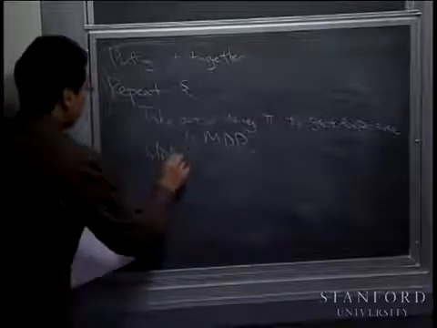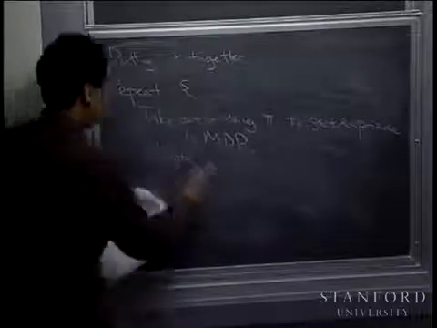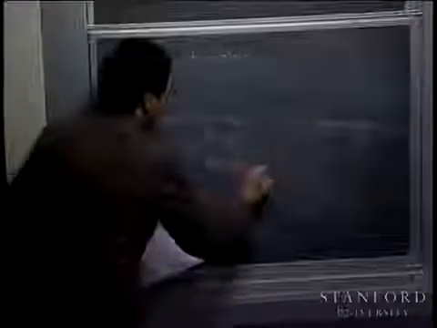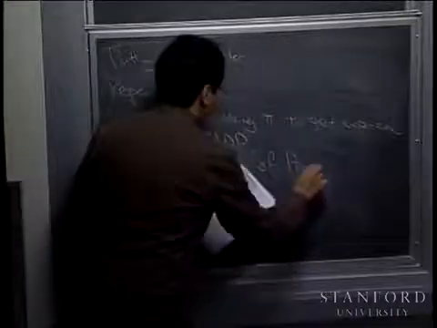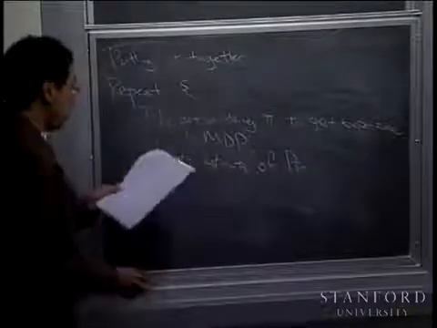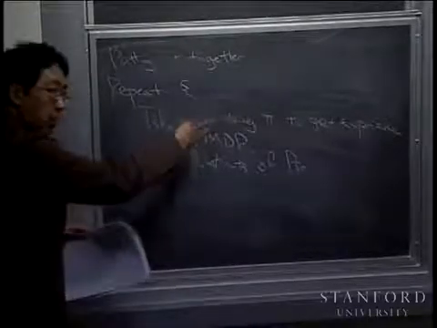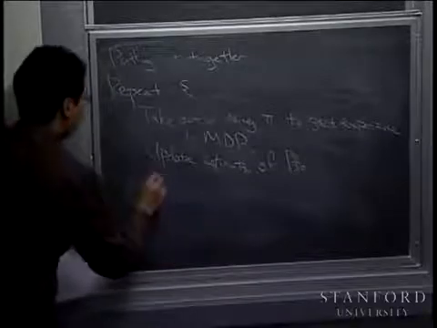Based on the data you get, you then update estimates of your state transition probabilities P subscript SA, based on the experience of the observations you just got.